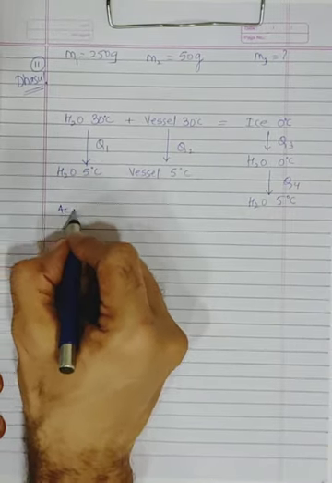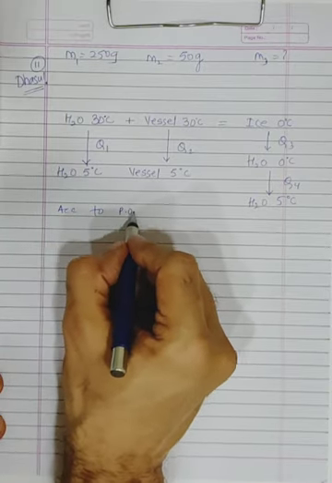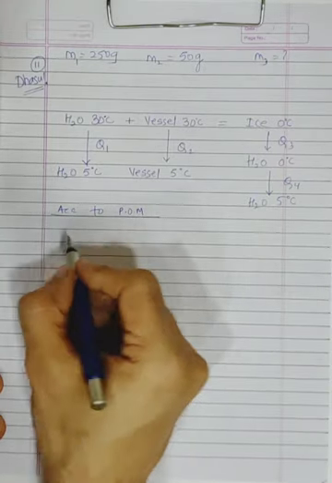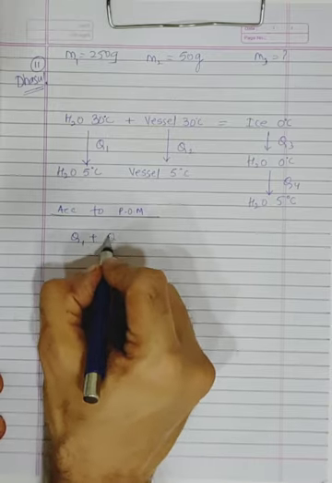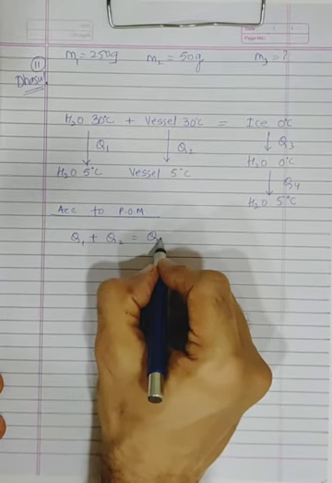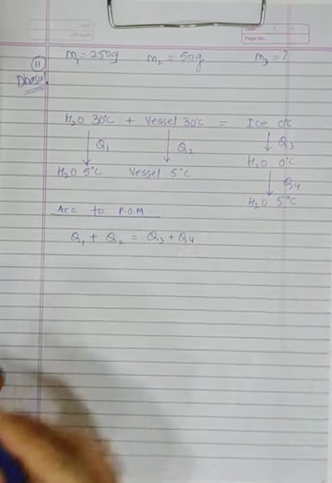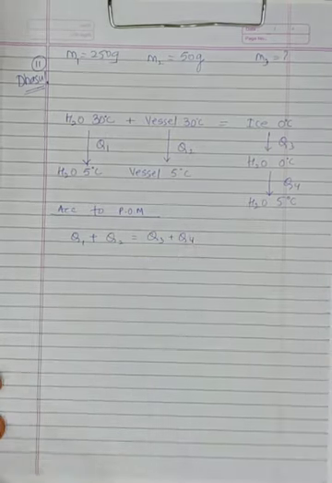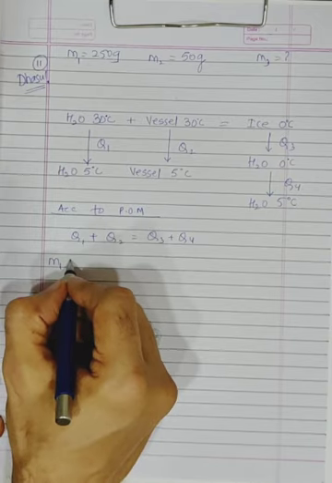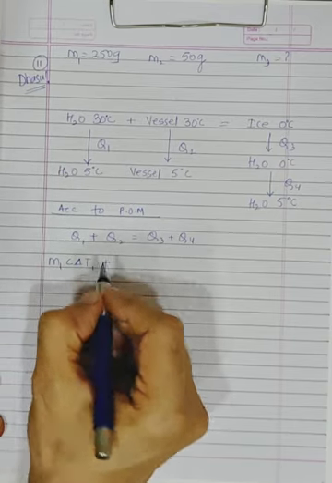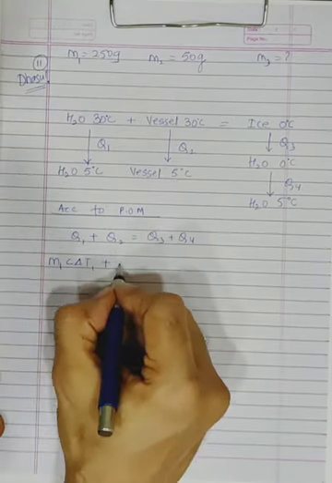Okay, so we'll write what? According to POM, principle of mixture, Q1 plus Q2 is equal to Q3 plus Q4. So just substitute everything. What will you write for Q1? It will be M1 C delta T1. What will be Q2?